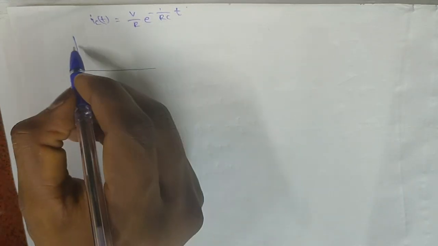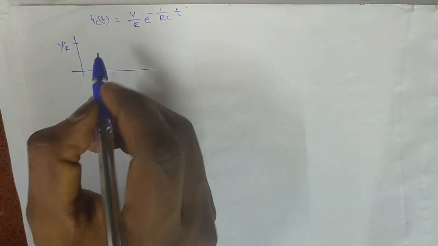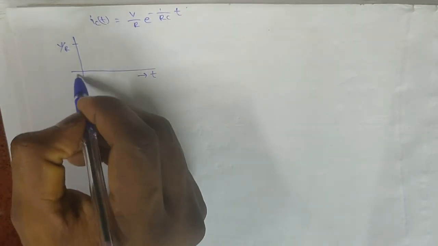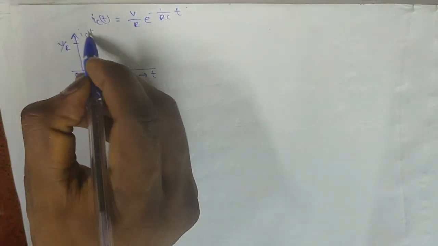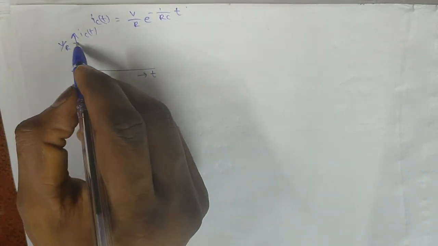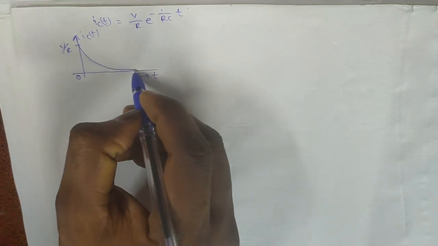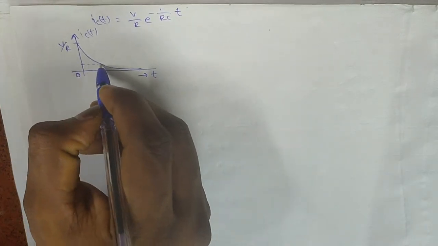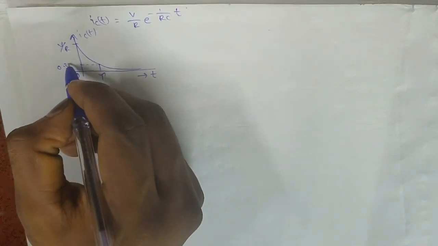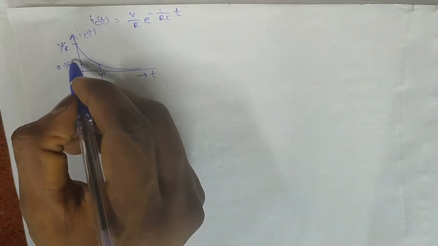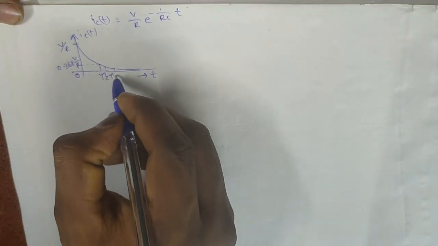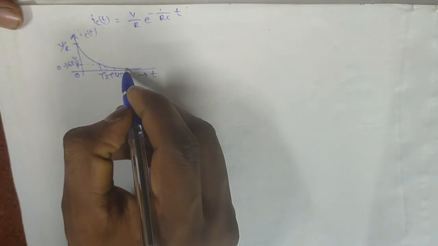As the maximum value is V by R, when the time increases, Ic of t will be decreasing. At tau it is 0.368 V by R, then at 2 tau, 4 tau and 6 tau.